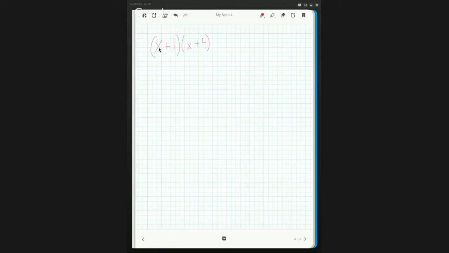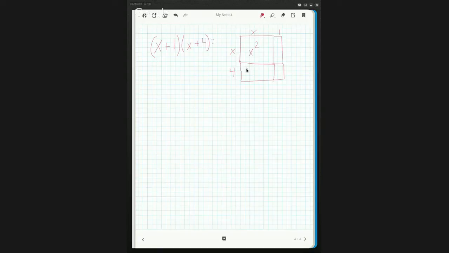Well, notice this does not equal x squared plus 4. And we can show that this way. This will be 4, this will be x, this will be x, and this will be 1. So (x plus 1) times (x plus 4) is going to equal, this box here is x squared.